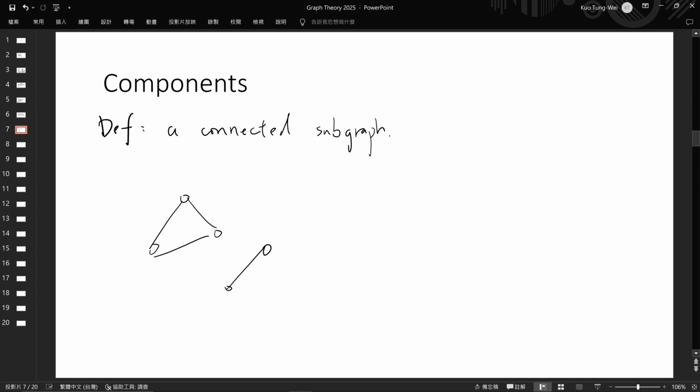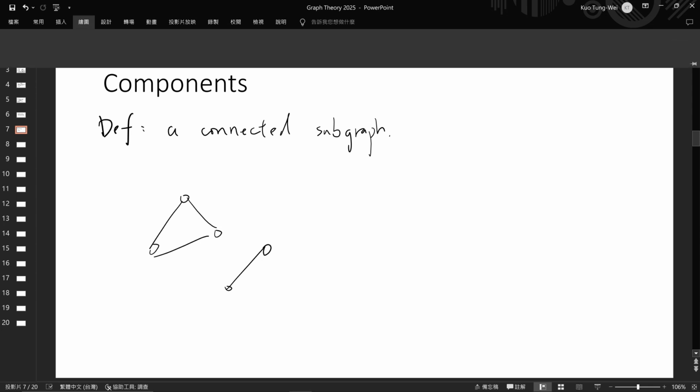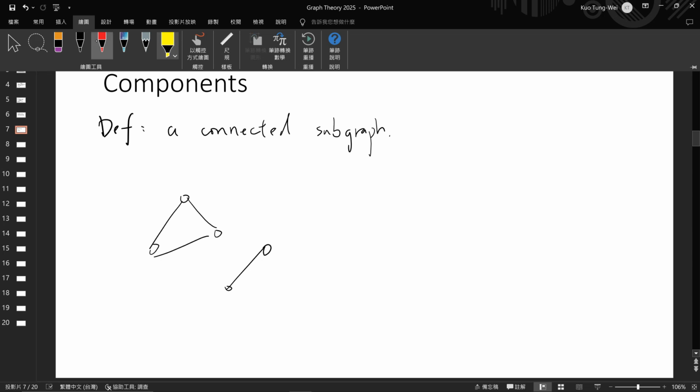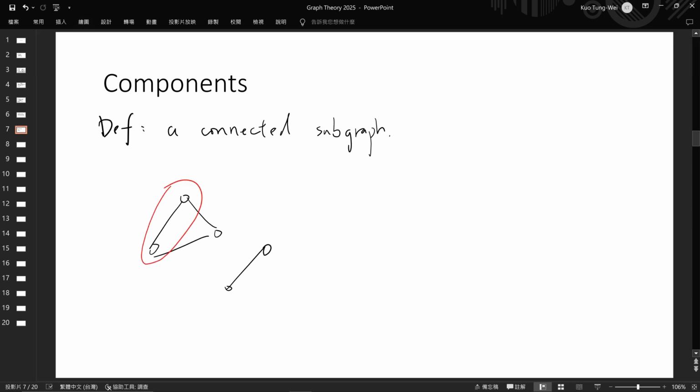If we apply this definition and count how many connected subgraphs are there in this graph, you're going to see that there are more than 2 connected subgraphs. For example, these 2 vertices and this edge form a connected subgraph of this original graph.